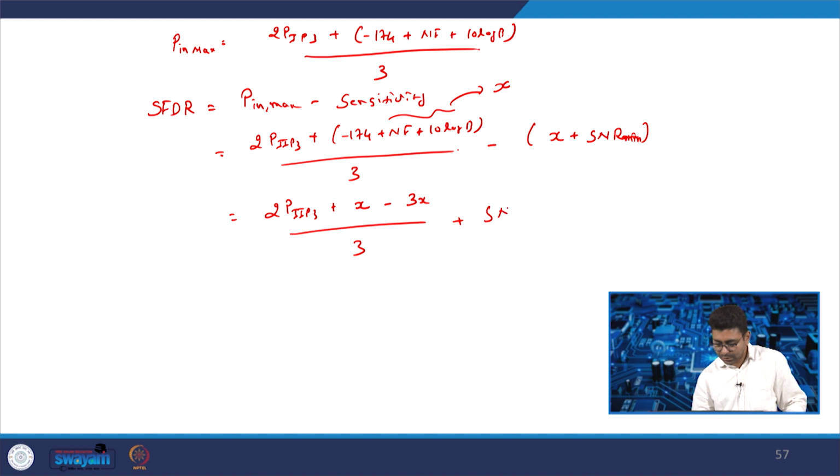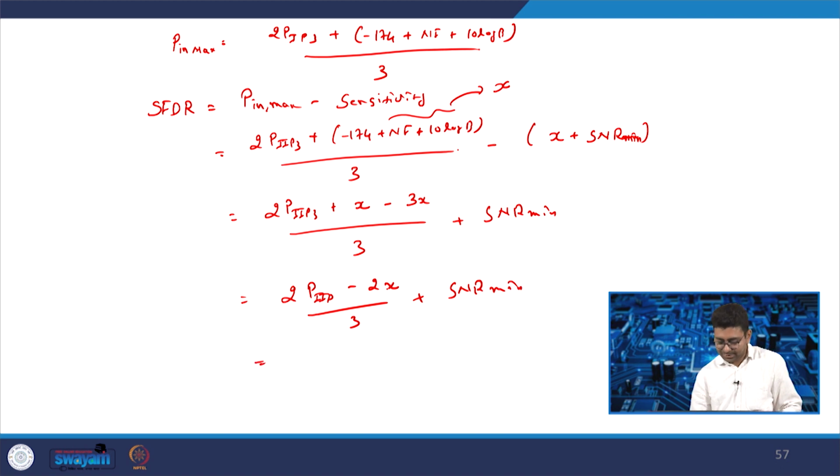plus SNR min. So, you can write 2 P IIP3 minus 2x by 3 plus SNR min.